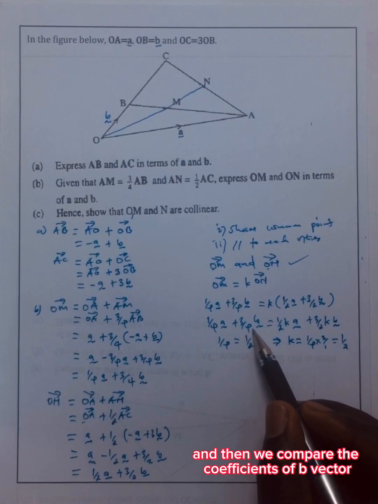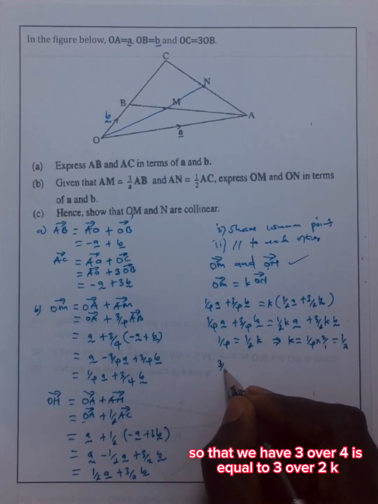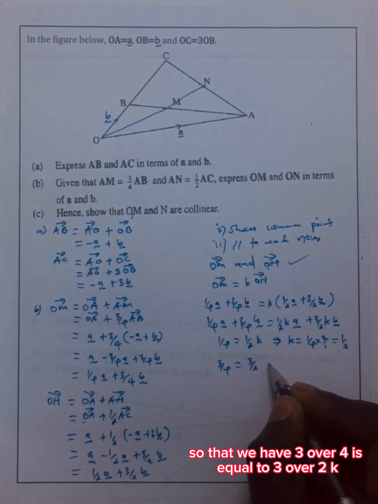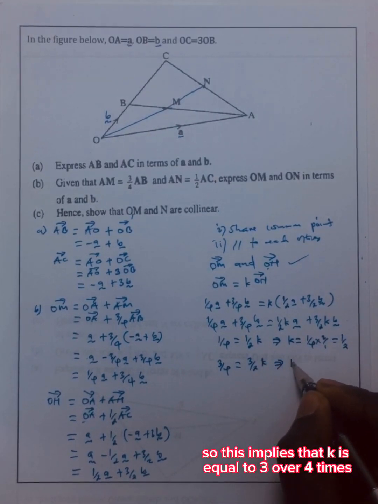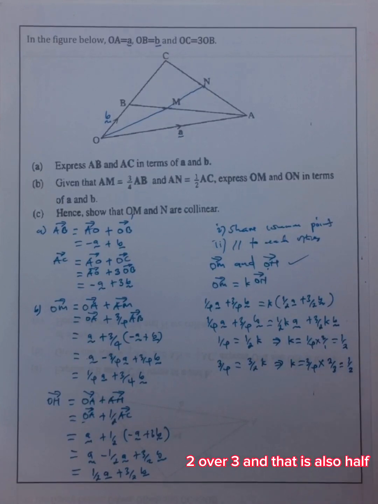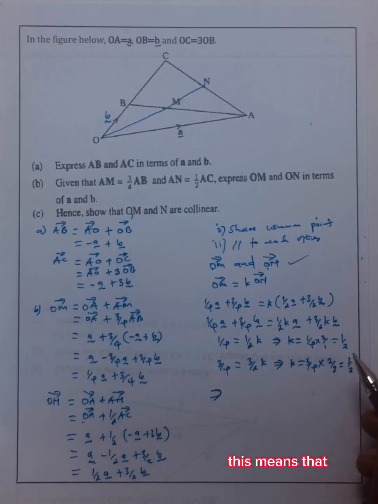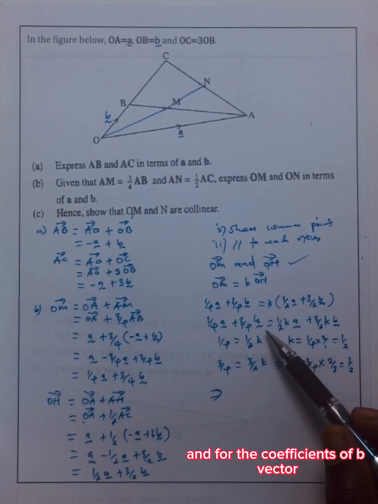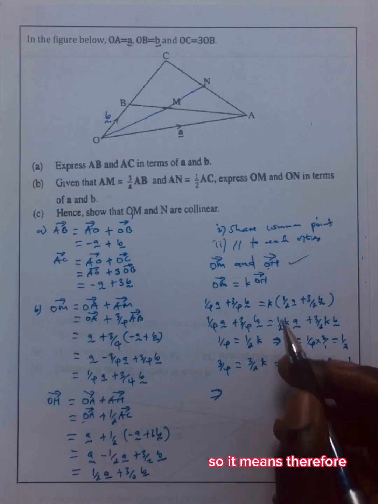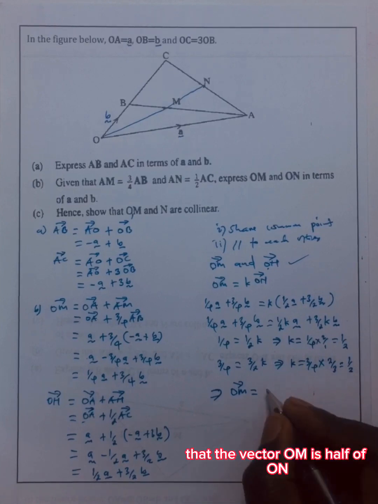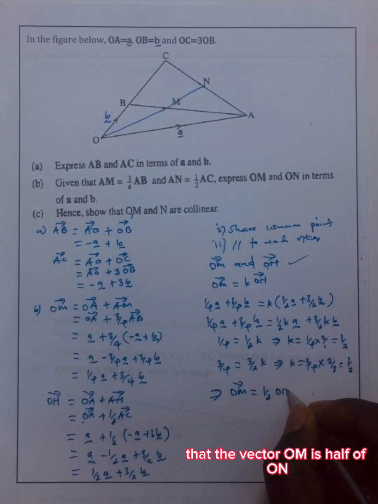Then we compare the coefficients of vector B: 3/4 is equal to 3/2 K. This implies that K is equal to 3/4 times 2/3, and that is also half. So the value of K is the same for the coefficients of vector A and vector B. Therefore the vector OM is half of ON.